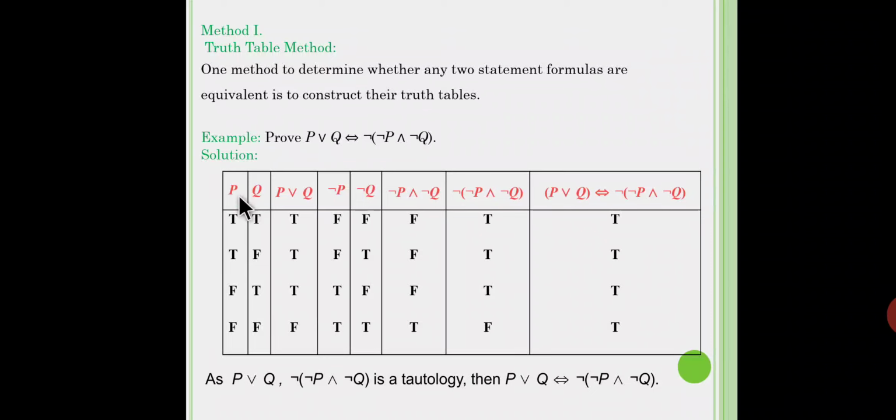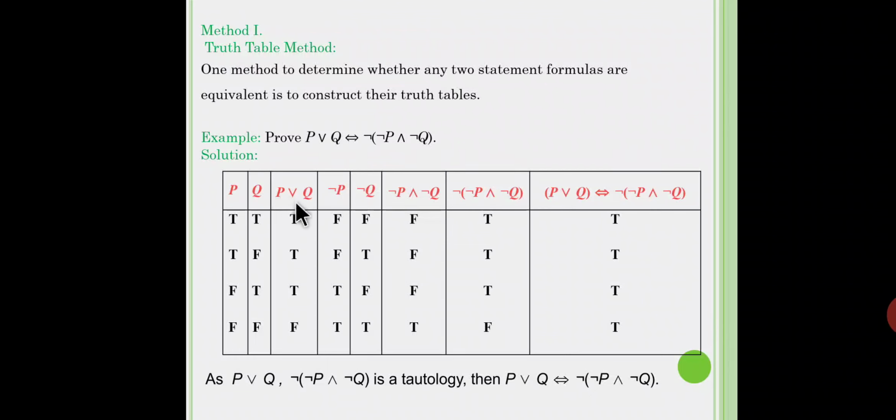Four possibilities. The truth table of two variables consists of four possibilities. So P has truth values true, true, false, false, and Q has truth values true, false, true, false, and then P ∨ Q. What is the rule of disjunction?